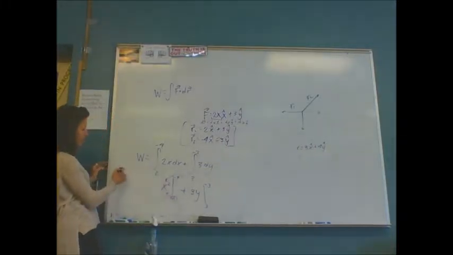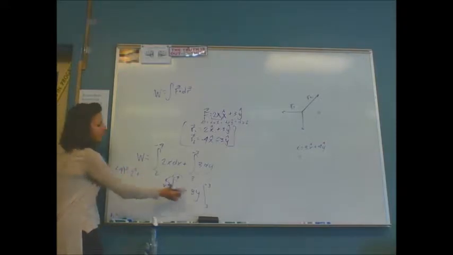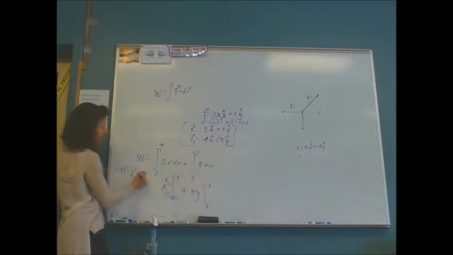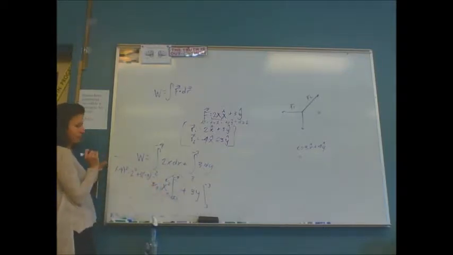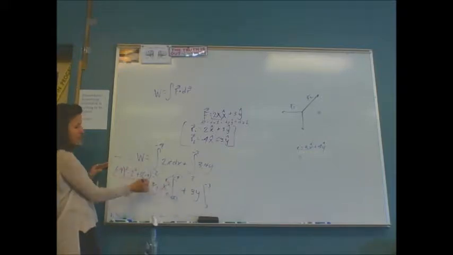I did upper minus lower for the x, and then upper minus lower for the y. So it's 16 minus 4 minus 9 minus 9. And that gives you something, which I'm going to say is negative 6. Right? Thoughts about that process?